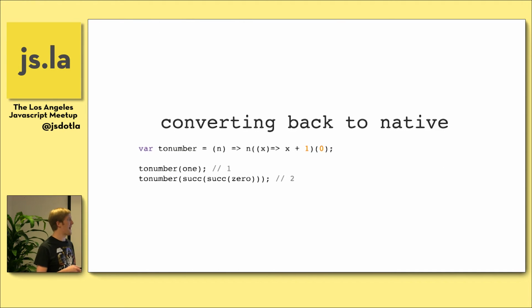So you can convert back to native numbers in JavaScript by basically passing a function that adds 1 to whatever it takes, and then 0. So if you convert 0, it'll skip this function and it'll just return 0. Otherwise, with 1, it'll pass in 0, it'll add 1 to that, and then return 1. And you just keep wrapping it, and it'll keep unwrapping itself like an onion. Does that make sense? Okay, cool.